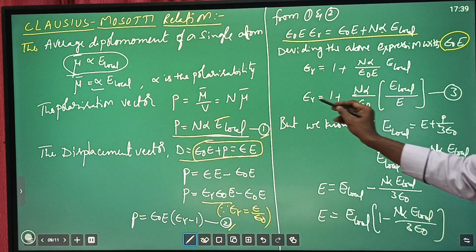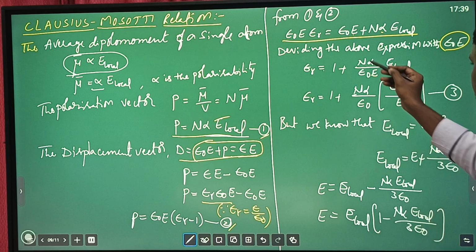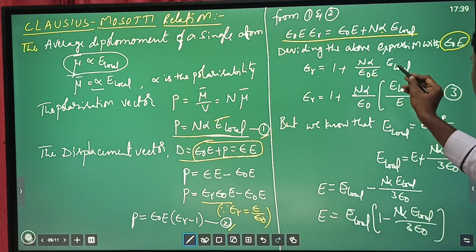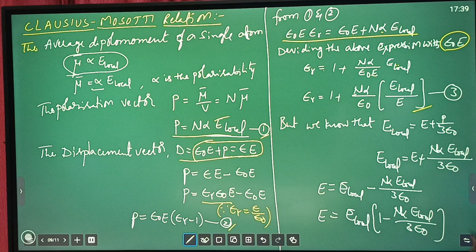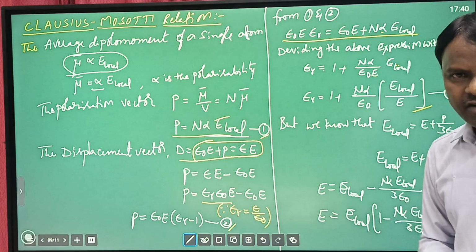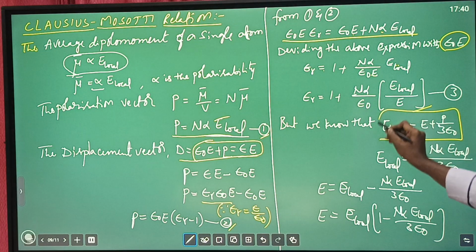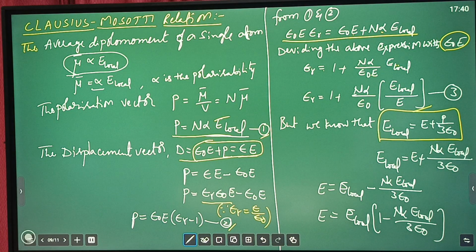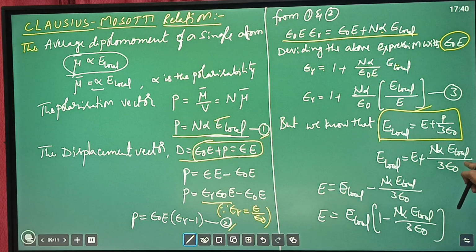From this, epsilon R is equal to 1 plus, rearranging, N alpha by epsilon naught into E local by E. Let it be equation number 3. But we know from the internal field or local field, E local is equal to E plus P by 3 epsilon naught. And we know the value of P is N alpha E local from equation number 1.